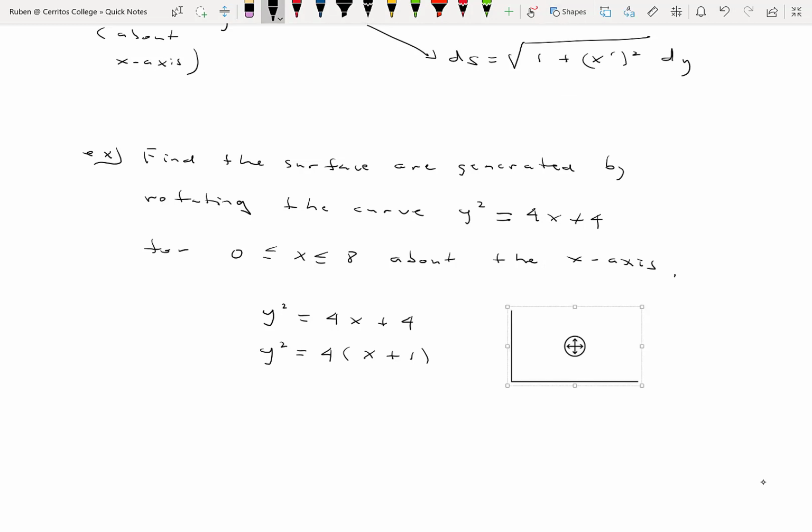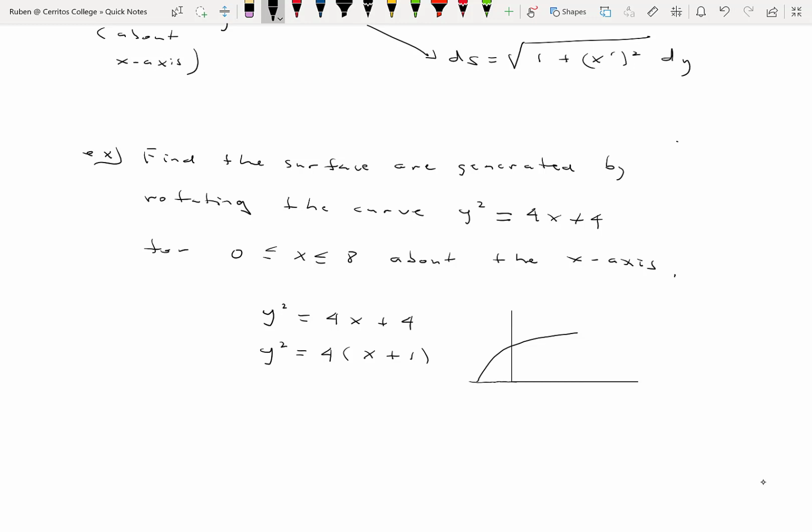Okay, so it's not a function of x, but the graph is a parabola that opens to the right. It has a vertex at -1, 0, so I'm going to need a little negative axis, and it opens to the right. Well, we need a portion of this curve.